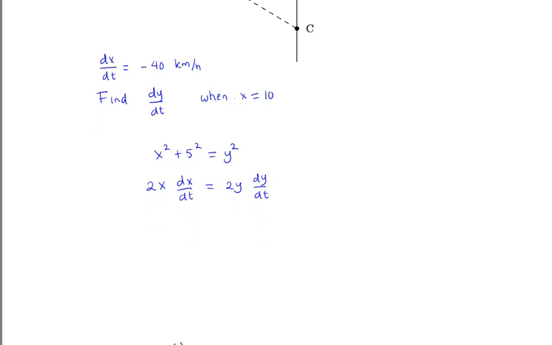Okay, let's check if we have all the information we have to solve for dy over dt. To solve for dy over dt, we need x, we know x, we need dx over dt, we know that, but we don't know yet y. So first we need to find the y value when x is 10. So we say that when x is 10, we have the following diagram.